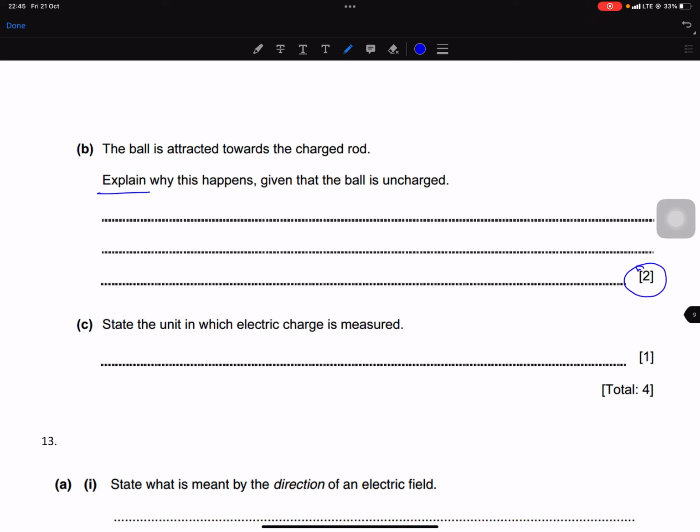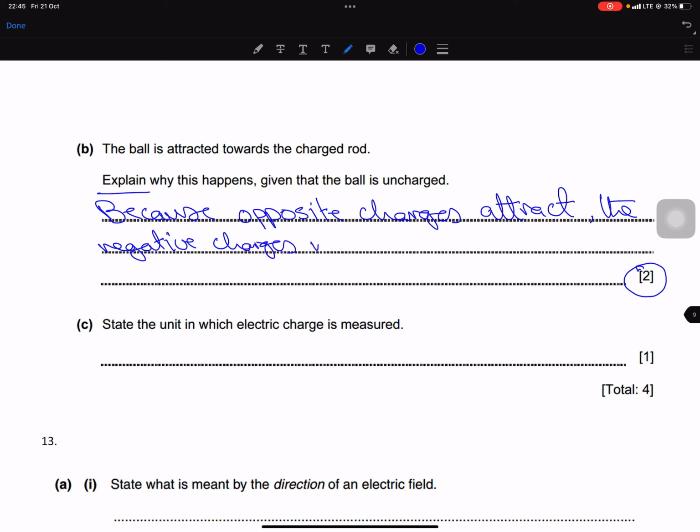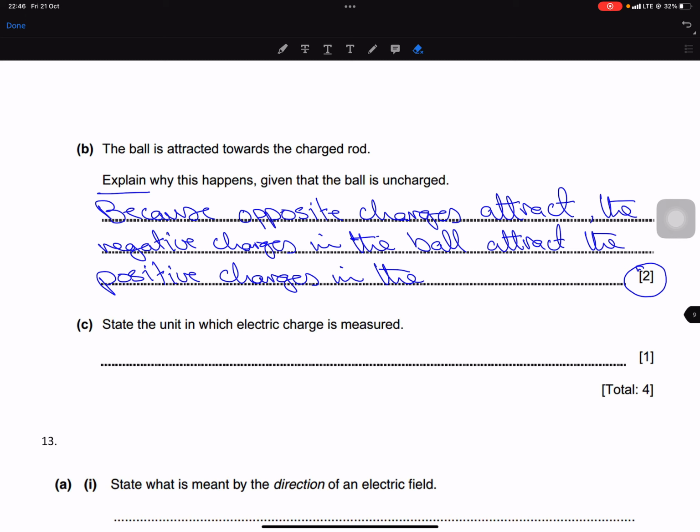Okay, then what you would say is because opposite charges attract, the negative charges in the ball attract the positive charges in the plate, or in the rod.